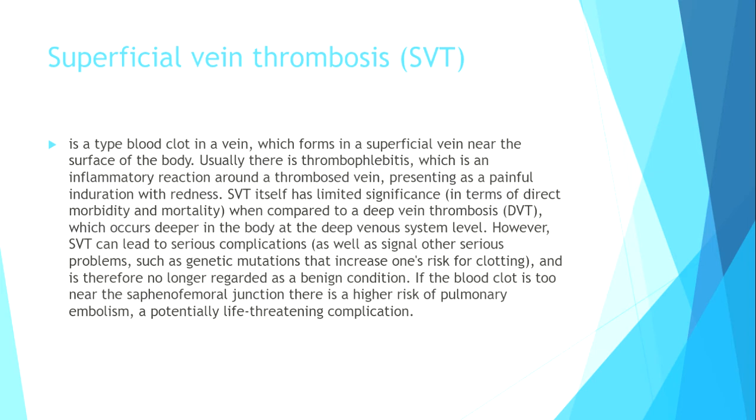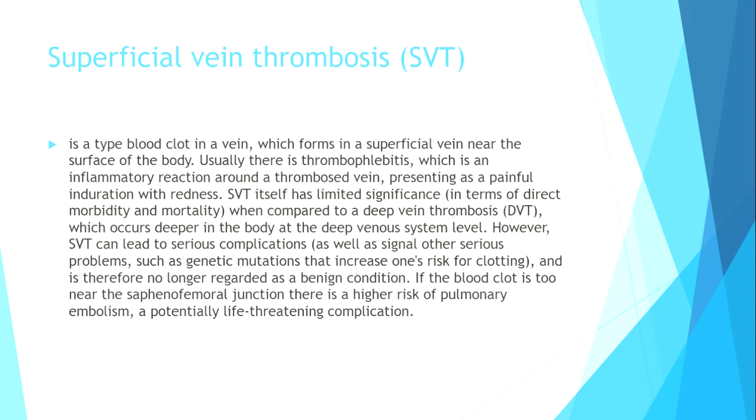Superficial venous thrombosis itself has limited significance in terms of direct morbidity and mortality when compared to a deep vein thrombosis, which occurs deeper in the body at the deep venous system level. However, superficial venous thrombosis can lead to serious complications, as well as signal other serious problems, such as genetic mutations that increase one's risk for clotting, and is therefore no longer regarded as a benign condition.